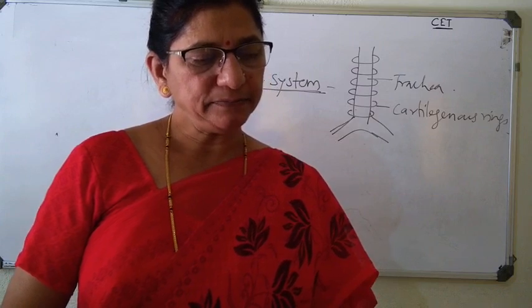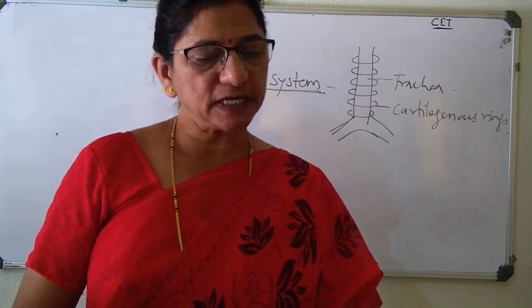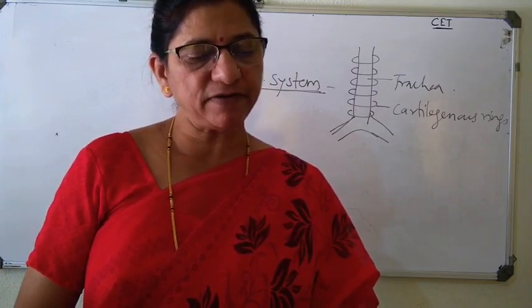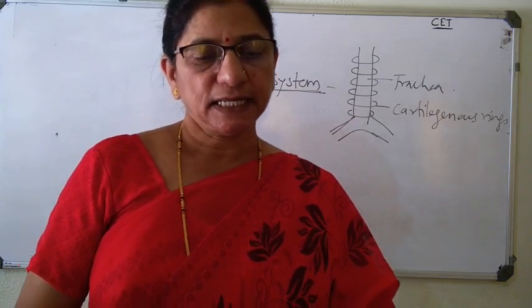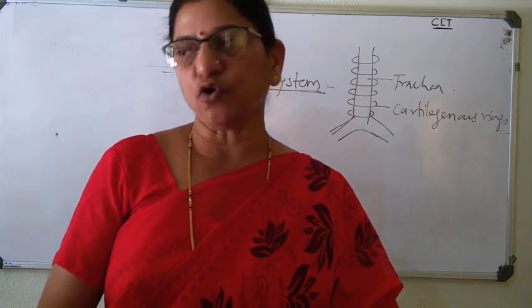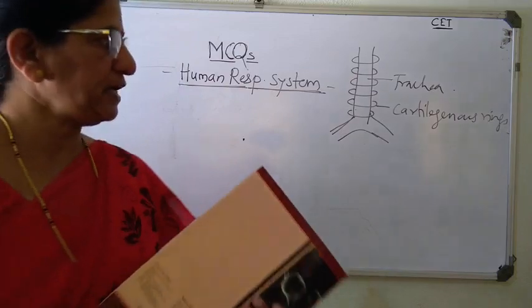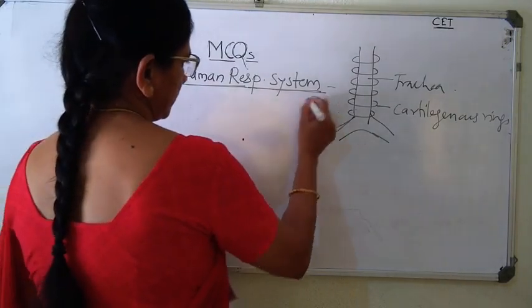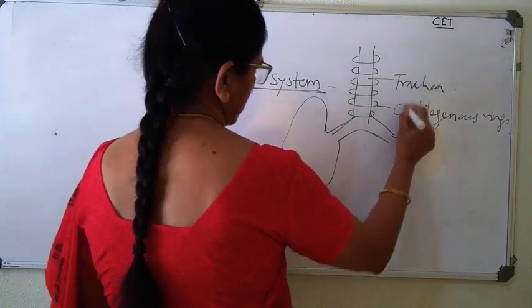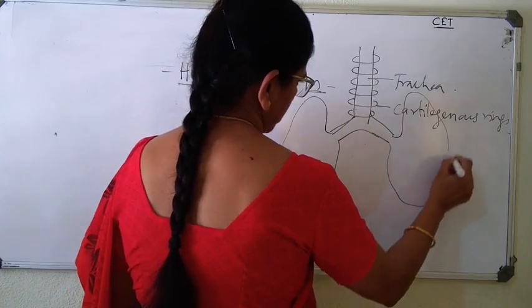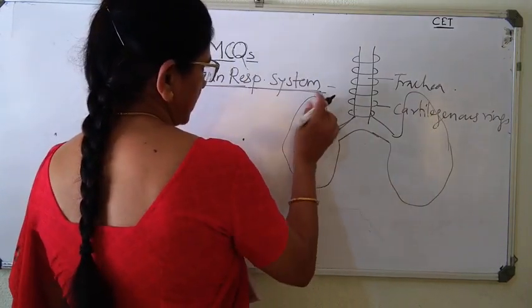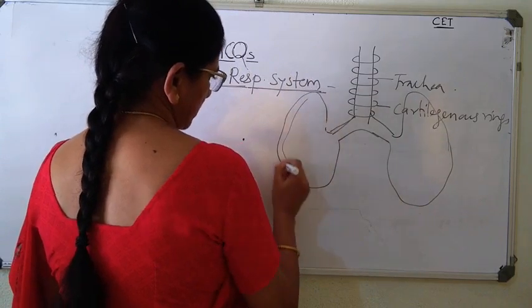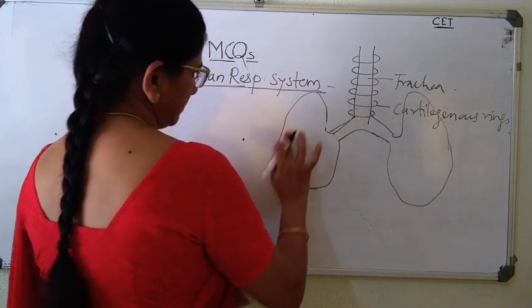Then 59. In human beings, the number of lobes in the right and left lung is, the correct answer is 3 and 2 lobes. Again, you are familiar. The lungs here: the right lung is slightly larger than the left lung.